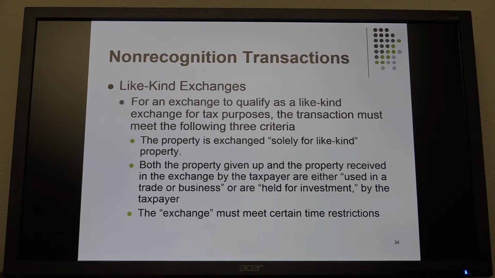Like-kind exchanges deal with both real and personal property, but the rules concerning like-kind exchanges of real property are much more flexible and broad than like-kind exchange rules for personal property. So our main focus is going to be on like-kind exchanges of real property.